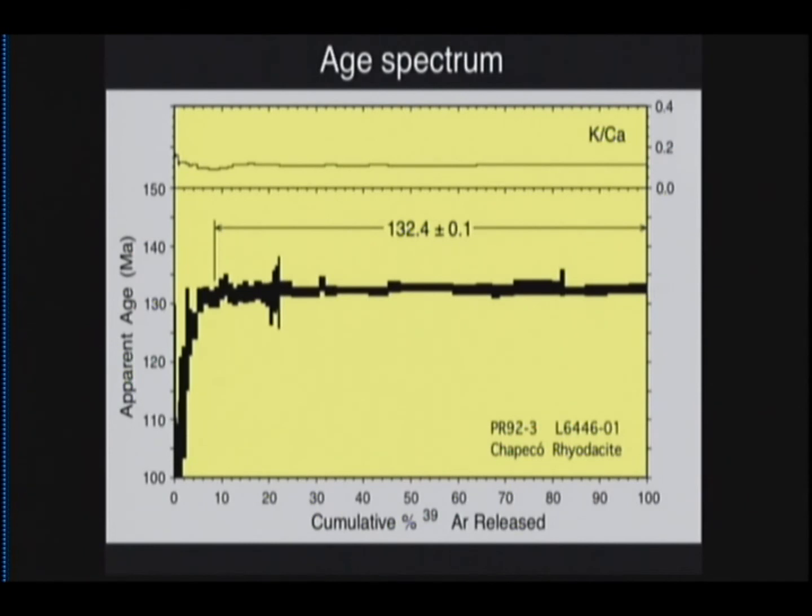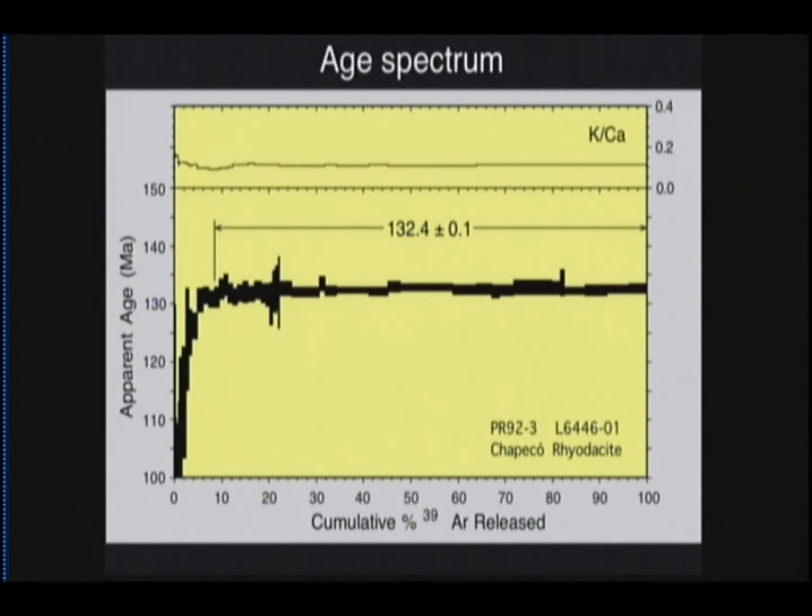And the extent to which we can measure the same age within the error margins, which are shown by the vertical heights of these boxes, is an indication of how homogeneous the age in the sample is. So this gives rise to the concept of a plateau, which is shown by the fact that all of the steps from here to the completion of the experiment, where the sample was totally melted, all of these steps give the same age.